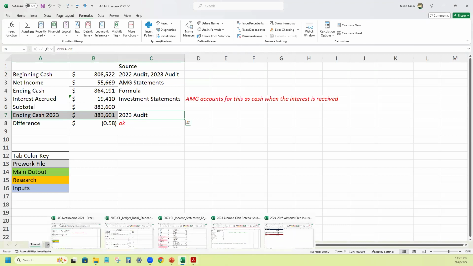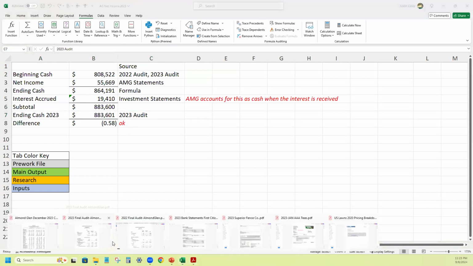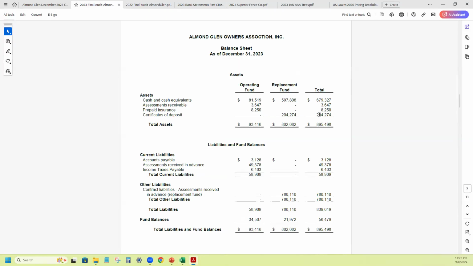The audits that we get are a little challenging to read for some folks because they're essentially on an accrual accounting basis, whereas AMG's statements are on a cash accounting basis.